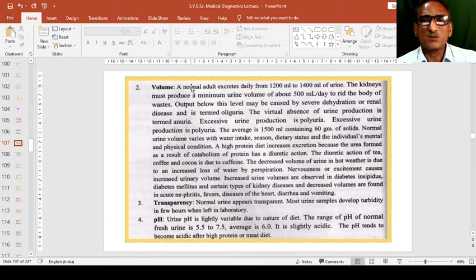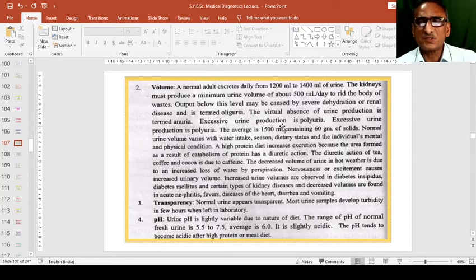Then a normal adult excretes daily 1200 ml to 1400 ml of urine. The kidneys must produce a minimum urine volume of about 500 ml per day to rid the body of waste. Otherwise, the waste will reside or make a residue in your kidney or body, and urine stone may appear.